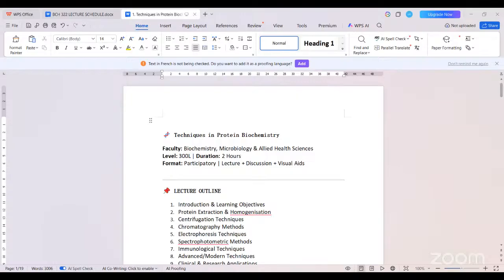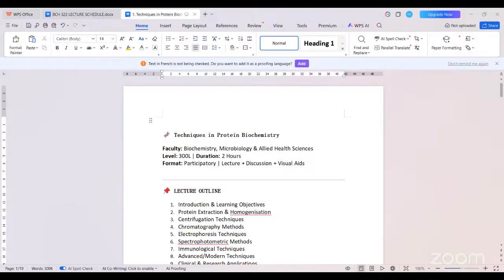Protein biochemistry is talking about the chemistry of enzymes, the chemistry of proteins, that is, how to get to the simplest unit of the protein.